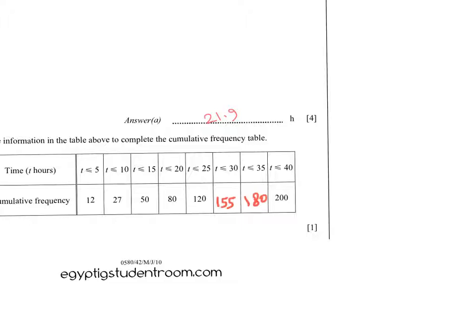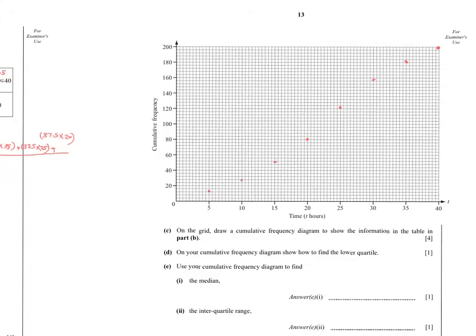Let us plot the points 5, 12, 10, 27. After you plot the points, you get this shape. Now, join the points. Then we can start solving questions about this curve. We join the points together and with the origin point.